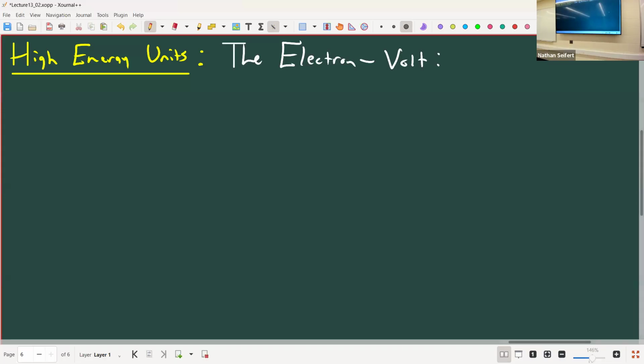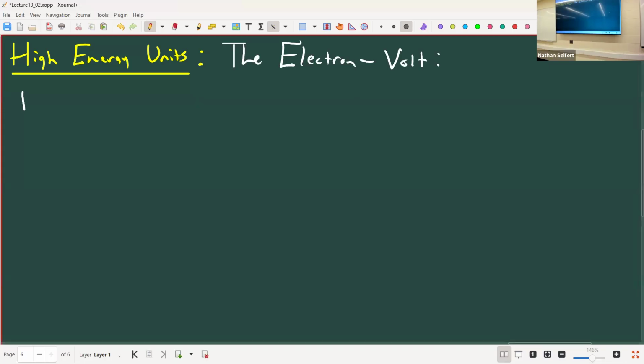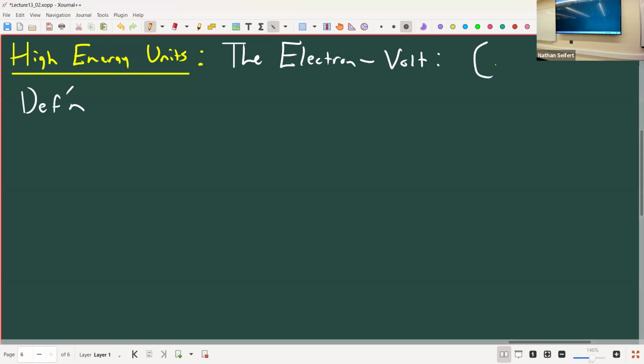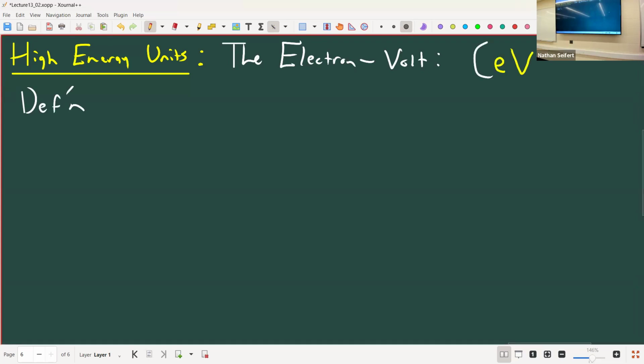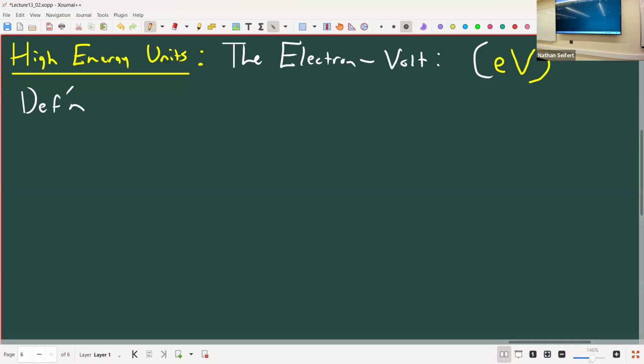Right, the electron volt has a simple definition. The label we use for electron volt is lowercase e, uppercase V, eV.